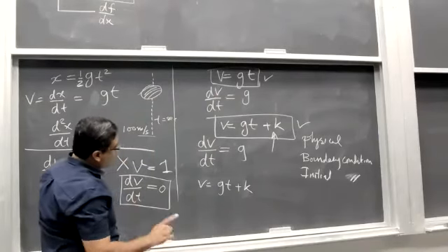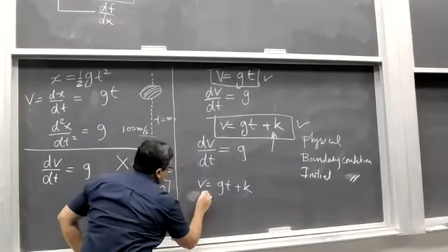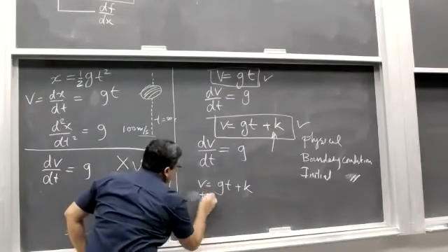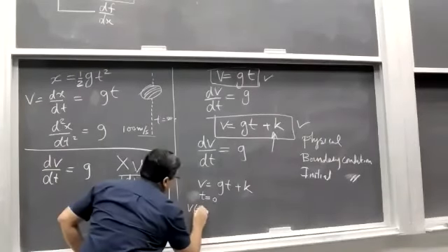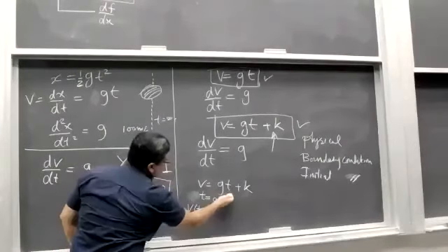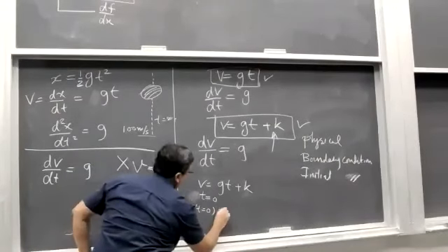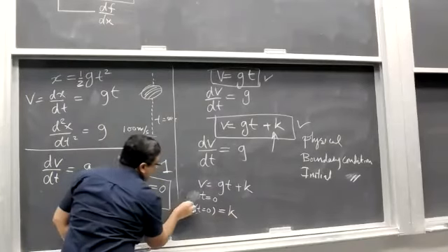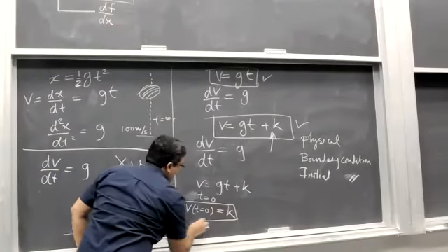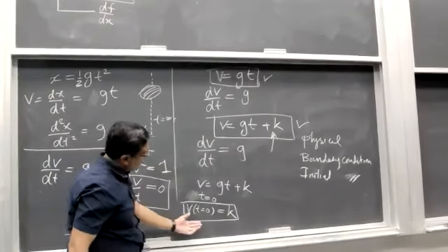Let's see. So what we do is we substitute t equal to 0 in this equation. Okay? And when we substitute t equal to 0, this term is 0, and v at t equal to 0 is k. So that is our initial velocity, or the velocity when we start our observation.